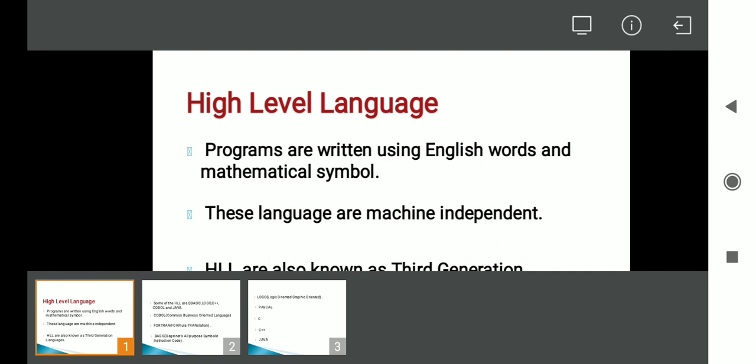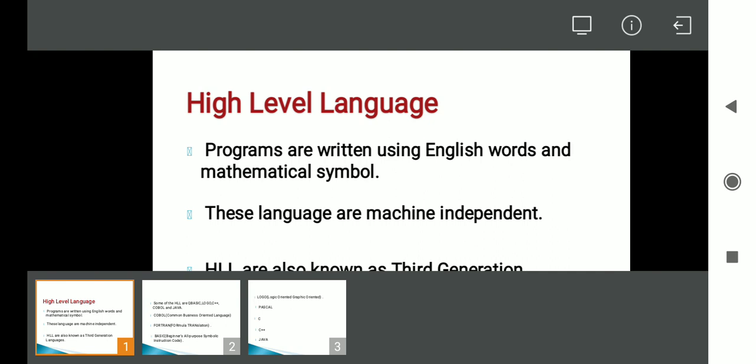Mathematical symbols like arithmetic operations: we use plus, minus, addition, multiplication. So it is easier for the programmer to understand the English-like structure. So these languages are machine independent.